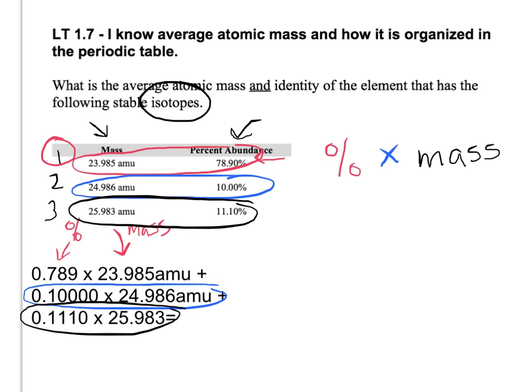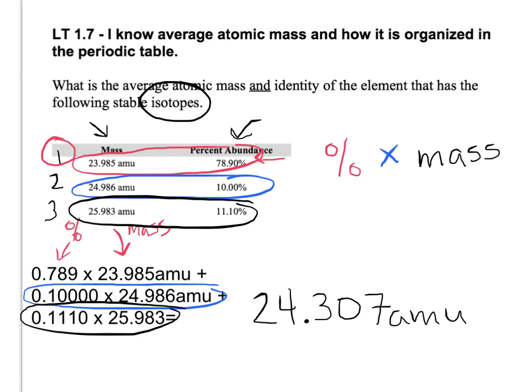When I multiply all this out, I get 24.307 after I round everything, AMU. So that's my average atomic mass.